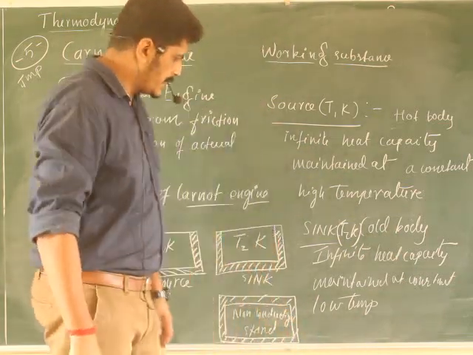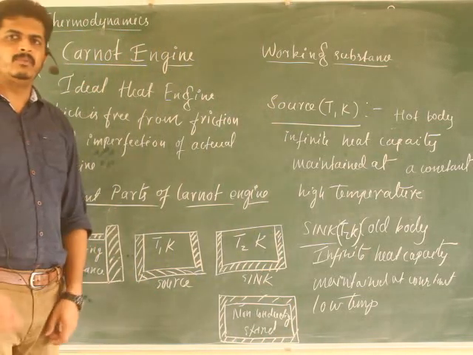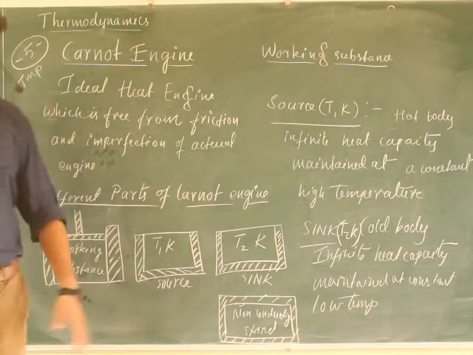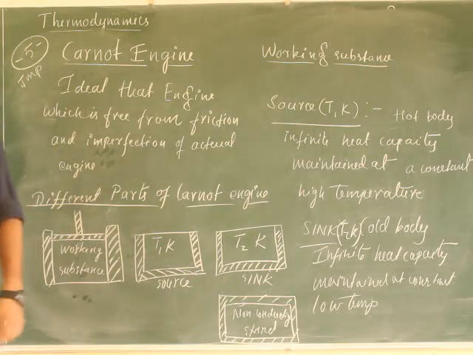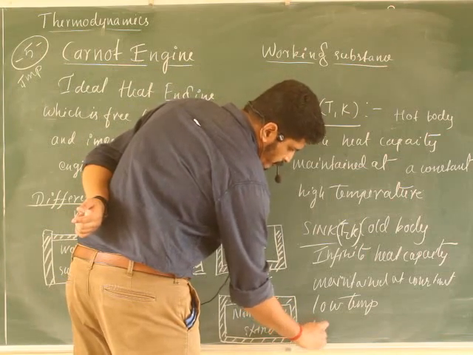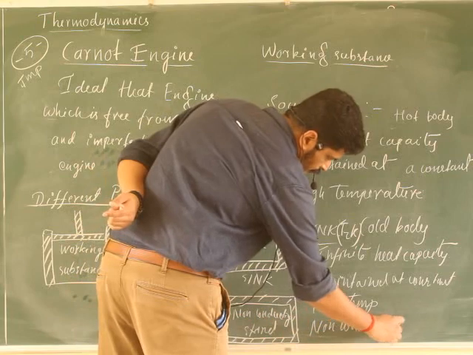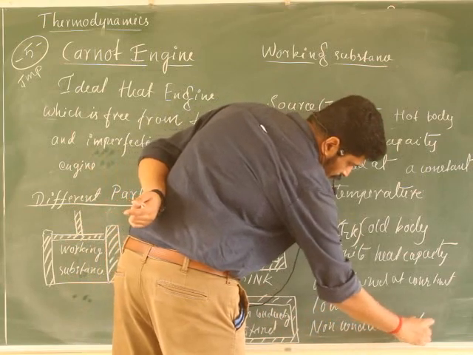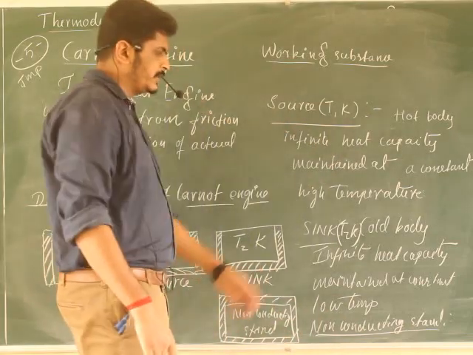And then what else is there? That is the last one, the non-conducting stand. There at the corner I will write, I hope that is visible for you. Perfectly non-conducting stand. So what is a perfectly non-conducting stand?